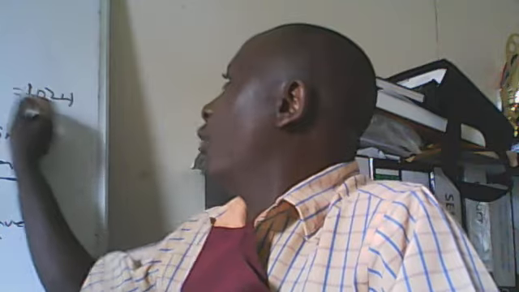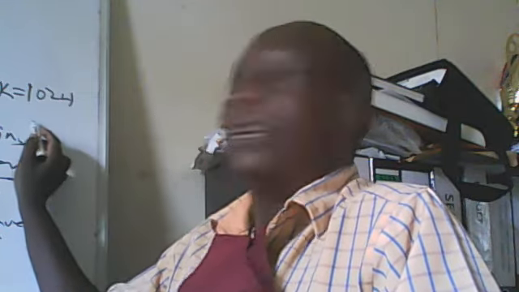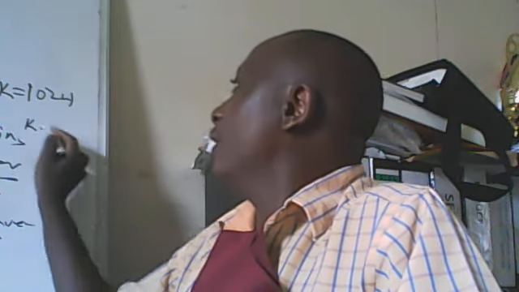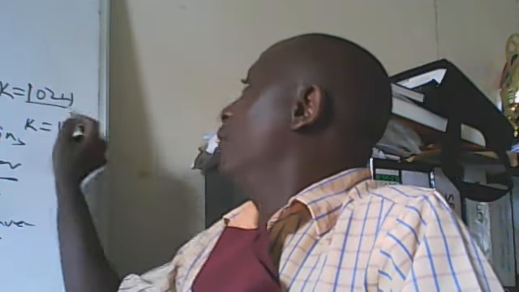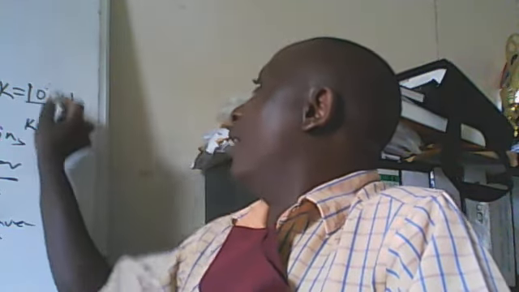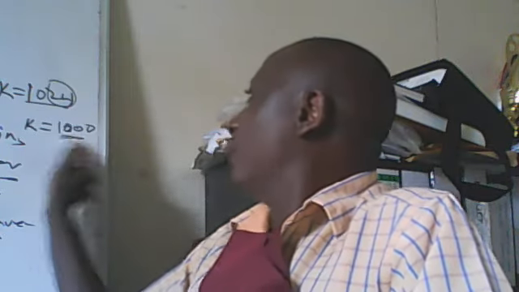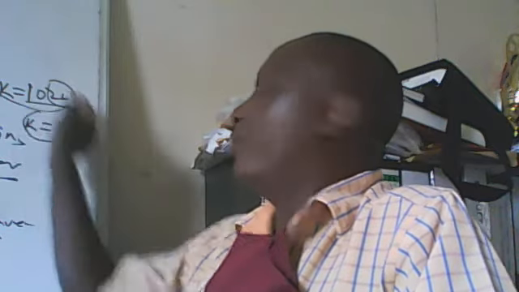This is equal to K. Is it okay? But in a decimal meaning, we mean that a kilo is a real kilo, which is 1,000, like that. Is it okay? This is different. There is a reason why they add 24, and it is not answered in this class. Is it okay? So what you have to know is that this is for decimal and this is for the computer.